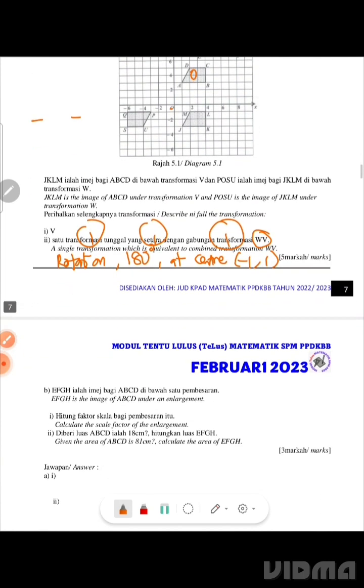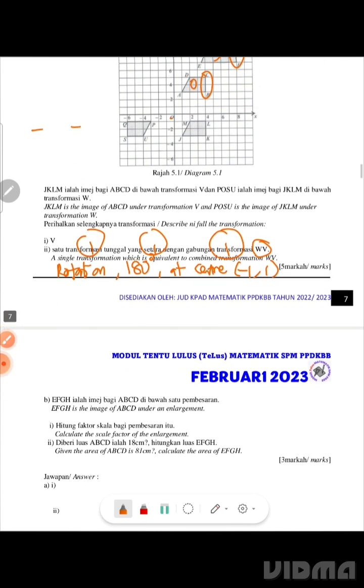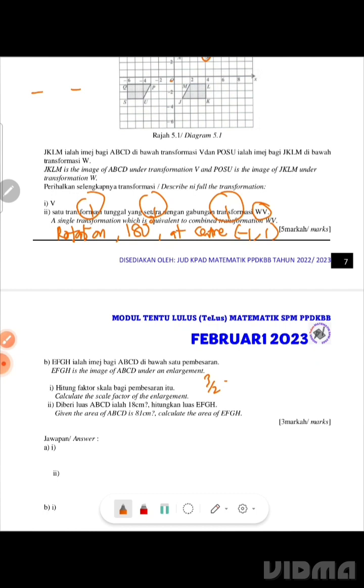So the first one, calculate the scale factor. So the scale factor easy. Take the easiest one. So this one 3 and 2. So 3 divided by 2 can simplify to 1.5. So scale factor is 1.5.